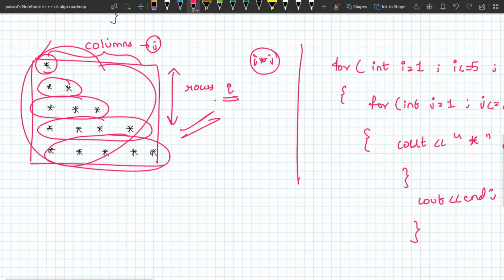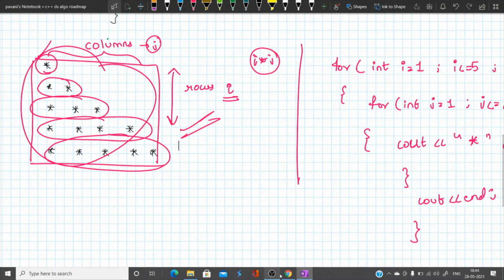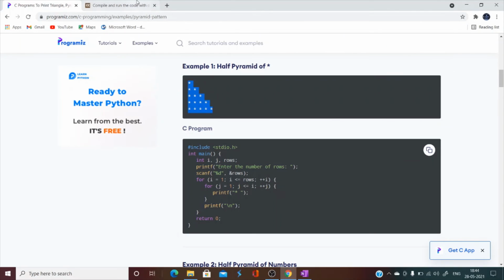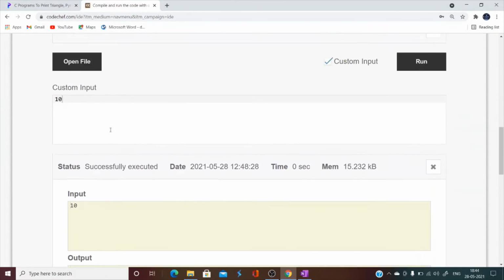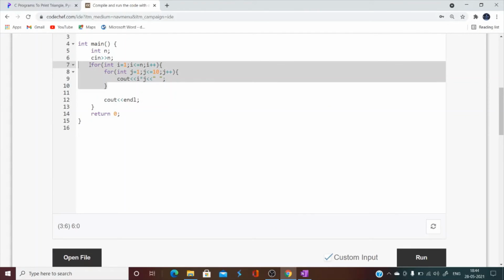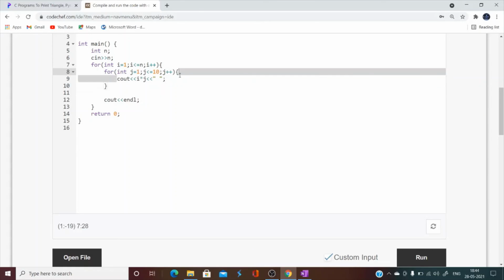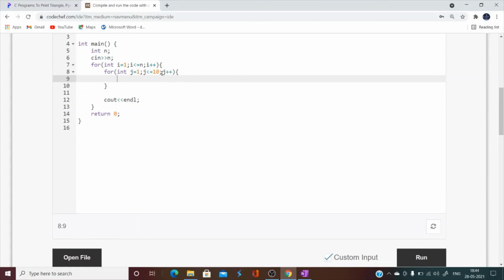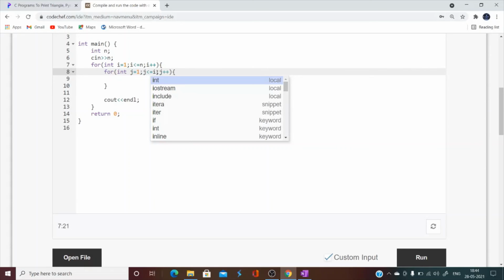We'll code it. j equal to 1, j less than or equal to I, that's it.